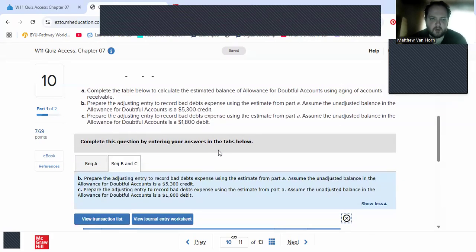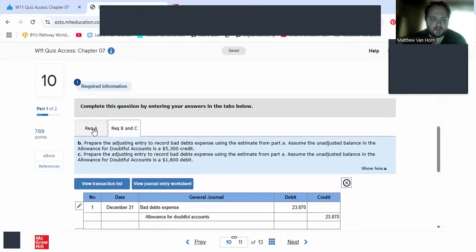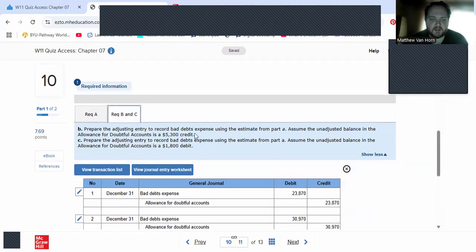So what we did here was we took this prior number, the estimated balance of allowances for uncollectibles, the 29,170. And for these numbers you go up here on part B, and you see this number, 5,300.